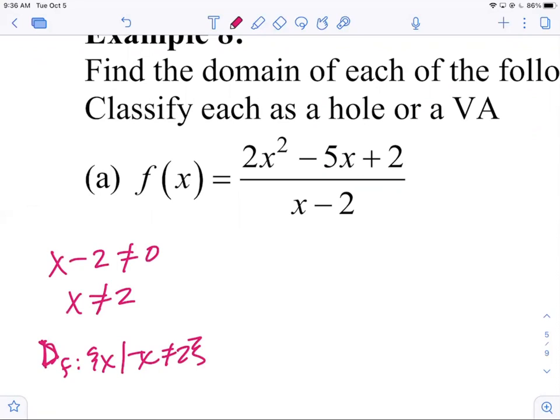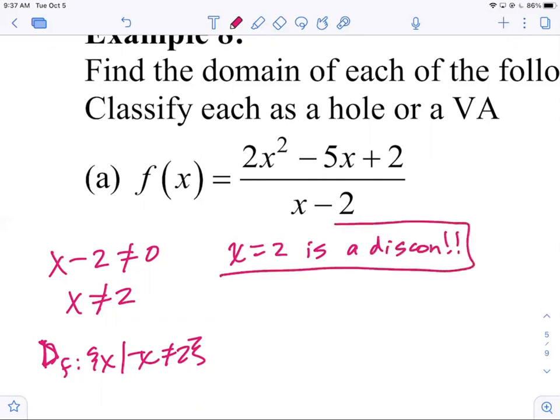Okay, so the domains are going to start getting a little bit easier now. Is 2 then a discontinuity? Well, hang on. x equals 2, first of all, is a discontinuity. Why? Because it gives you division by 0.